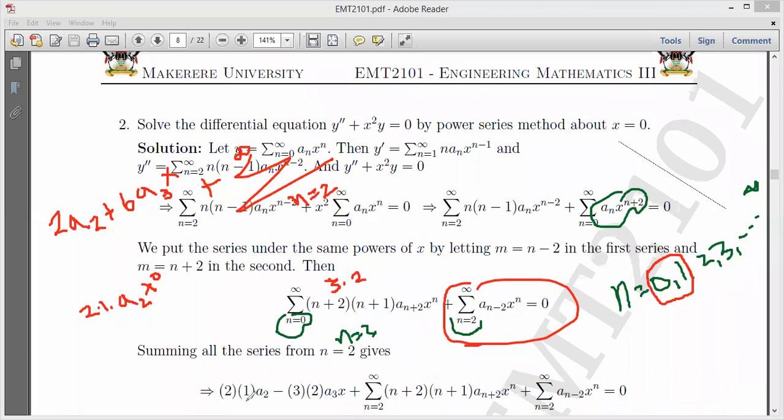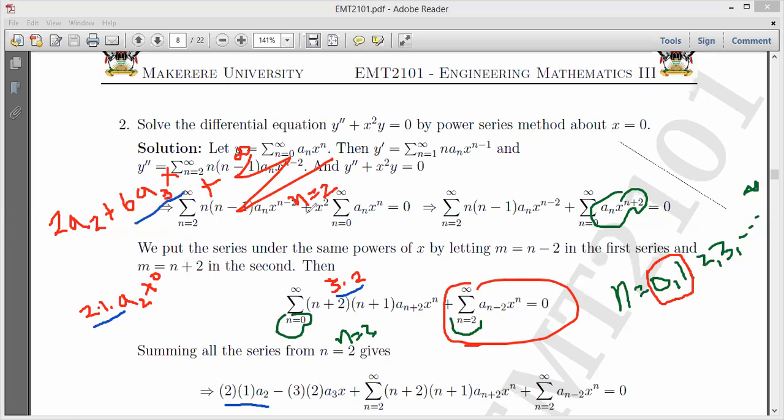And there you go. So we had the 2 times 1. You can see this 2 times 1, which is 2a2. That is this one here. Then we had the 3. This is 3 times 2, which is this one here. 3 times 2, then a3. That is the 3 times 2, which is the 6a3 that we have here.